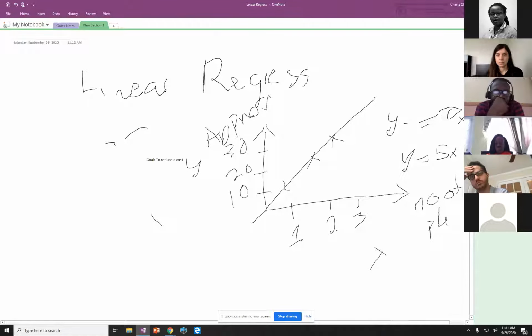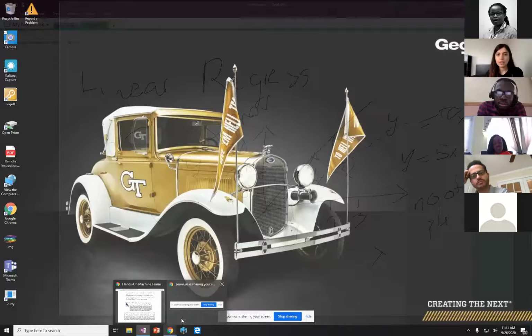We can see the difference. Can you guys sort of see the handwriting? I'm sorry, I didn't have a stylus with me. Yeah, we can see that.